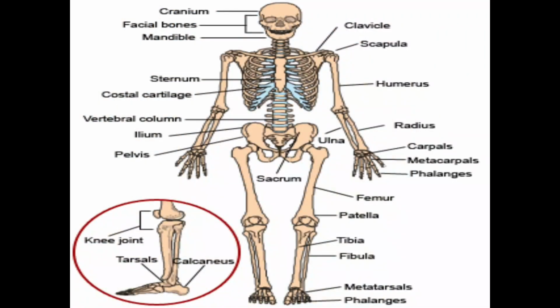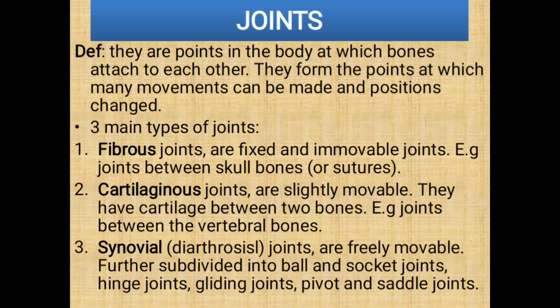Ya mwisho ni the movable part. Kama hii join ya patella hapa, the join between the femur and the tibia and fibula, si ndio? Na kuna join yenye ina join humerus na radius and ulna, si ndio? Hii hapa ya mkono. So hiyo inaitwa synovial ama diarthrosis joints.